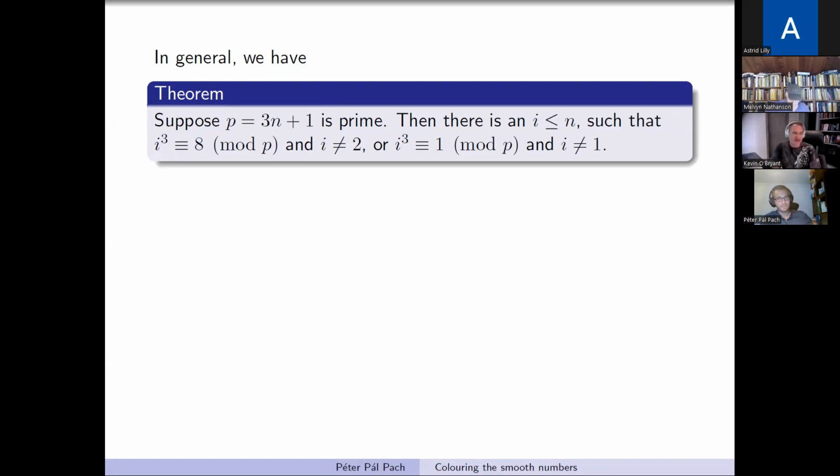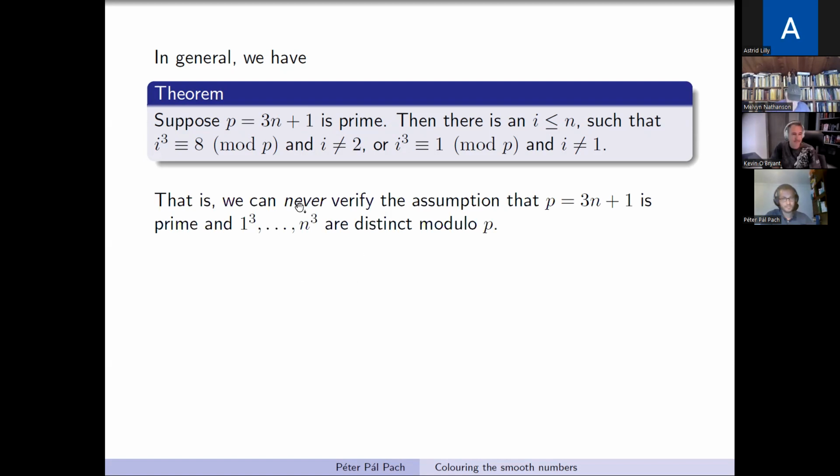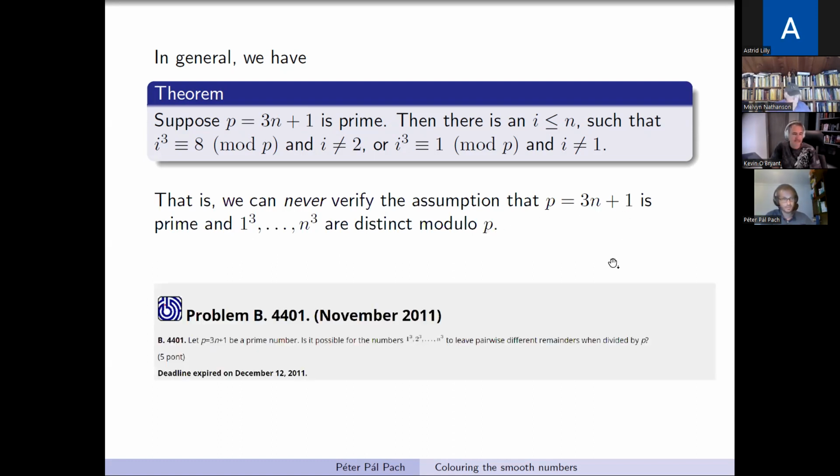So there will always be two cubes that have the same residue. So it is not possible that the first n cubes have distinct residues mod 3n+1 if p is a prime. This is also a problem that I posed in KöMaL back then.